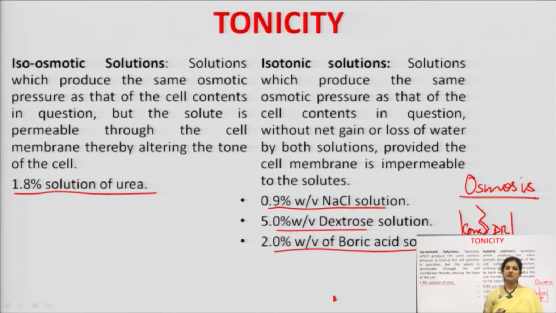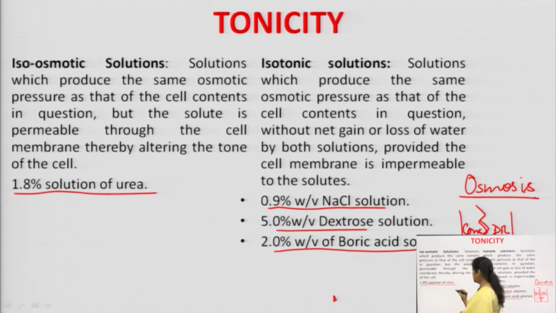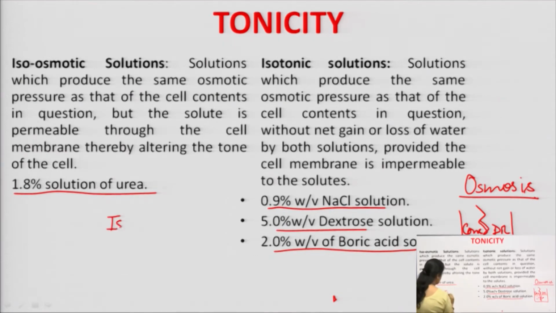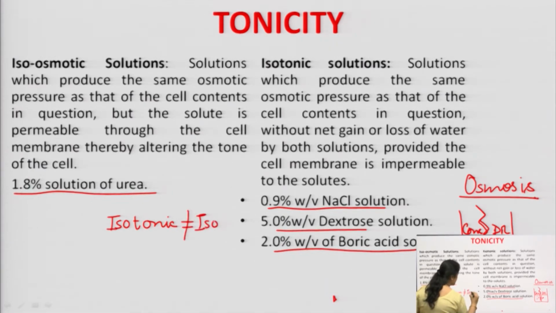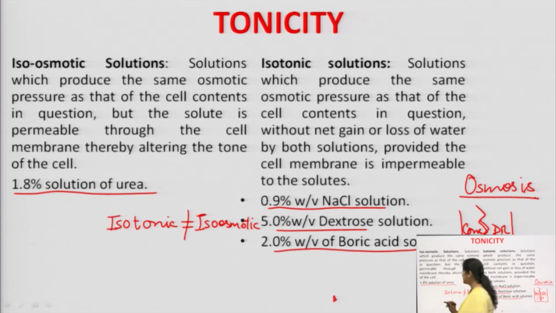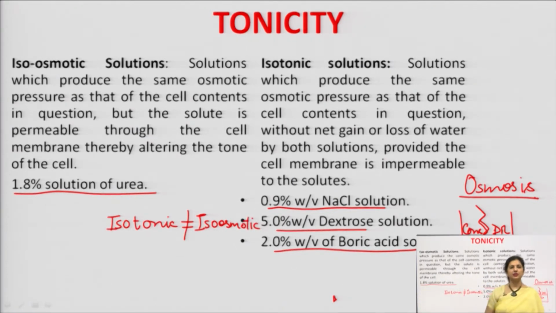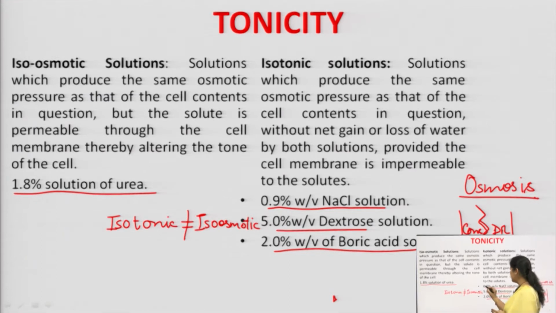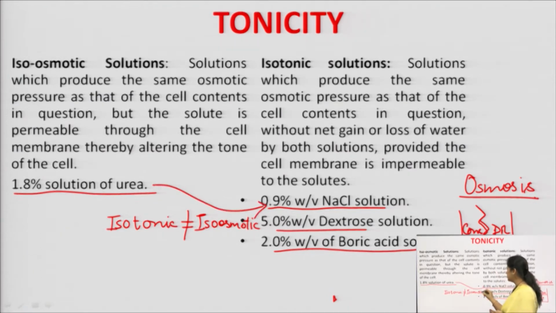Students, you need to note one point here: isotonic is not equal to isoosmotic. Say 1.8% solution of urea is isoosmotic to 0.9% weight by volume solution of sodium chloride.